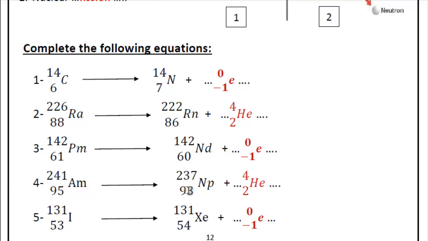But here the mass number and the atomic number are both affected, by 4 and by 2, so it will be alpha radiation. Iodine and xenon: the effect here is only that the atomic number rises by 1, so it will be beta radiation.